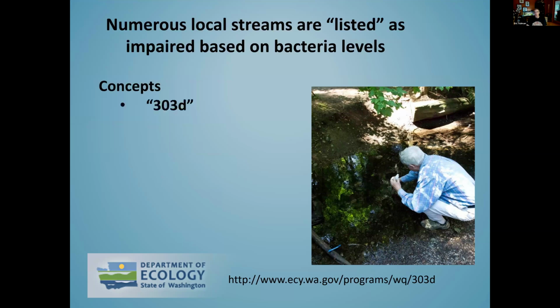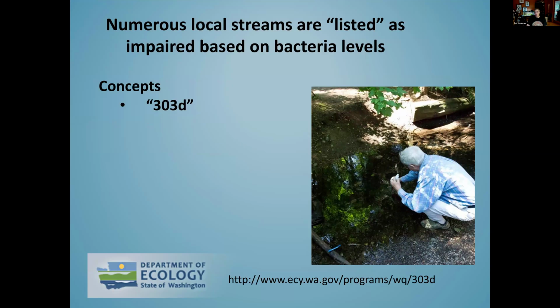So there's a concept called listing, the 303D list. So if somebody finds that a water body is contaminated and submits quality data to the Department of Ecology, it can get put on this list. And this is the Clean Water Act, Section 303D.